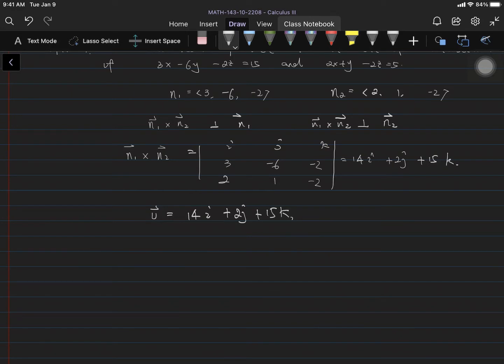Next example, let's see. We're going to find the point where a line intersects a plane. So we have a plane and we have a line that intersects the plane, and we want to find the point P. How to find that point?